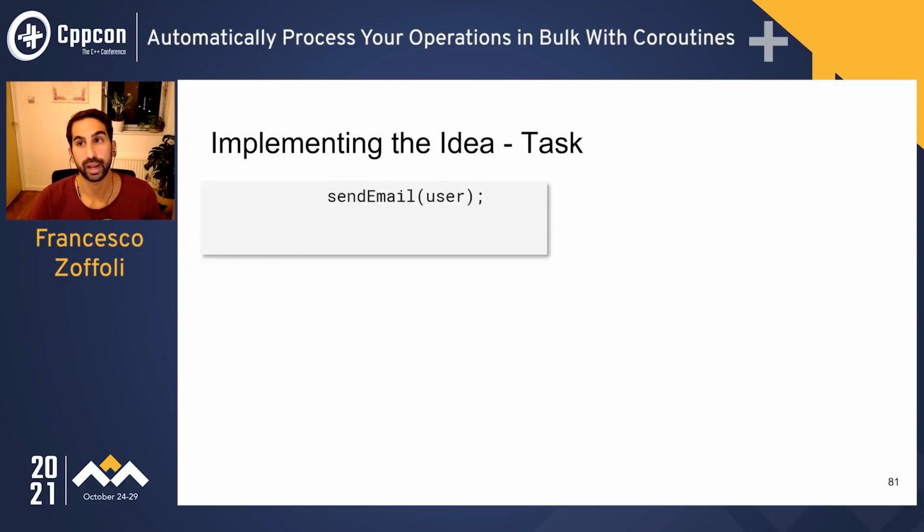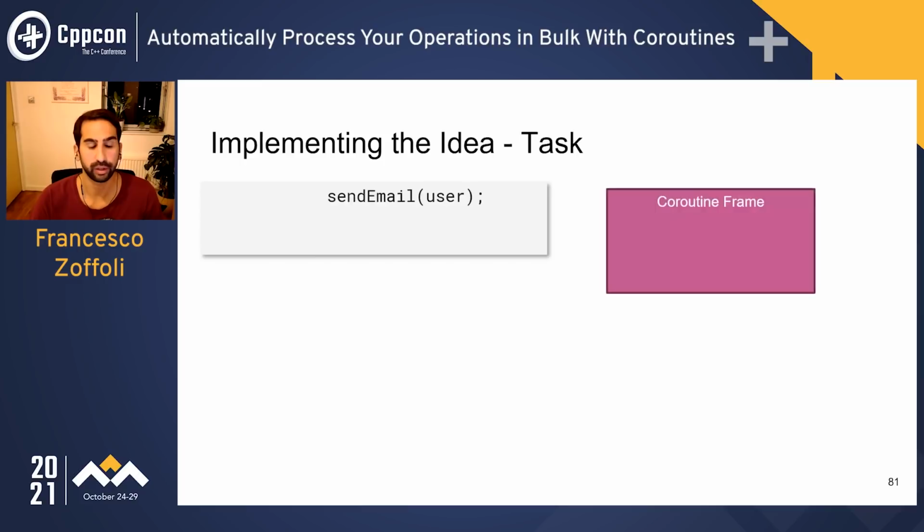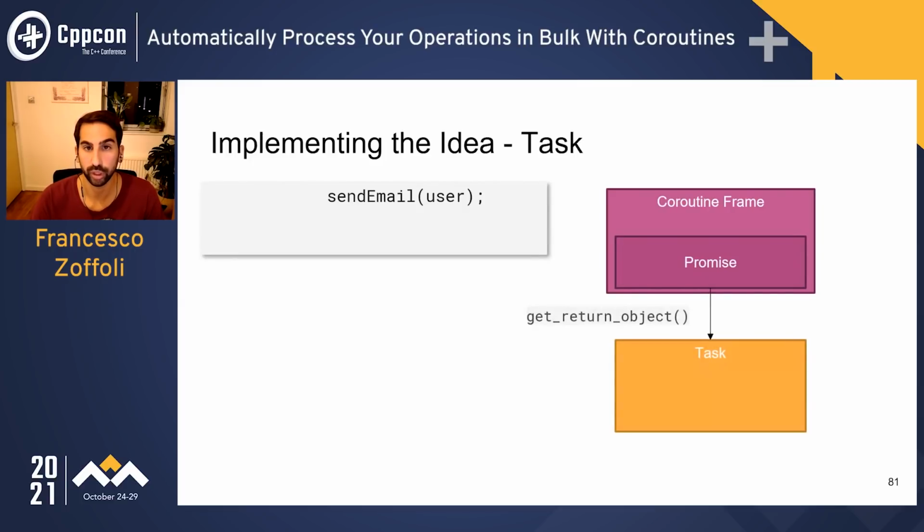Let's look more visually at what happens when the function is called. When send email with the user is called, the compiler is going to allocate a coroutine frame. This might happen on the stack or on the heap, depending on the optimization the compiler is able to do. Then the compiler is going to create the promise type inside this coroutine frame, and it's going to call getReturnObject.